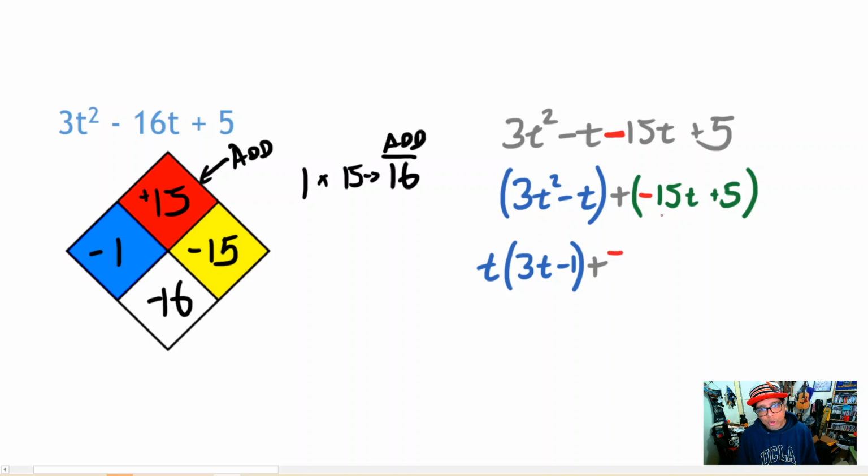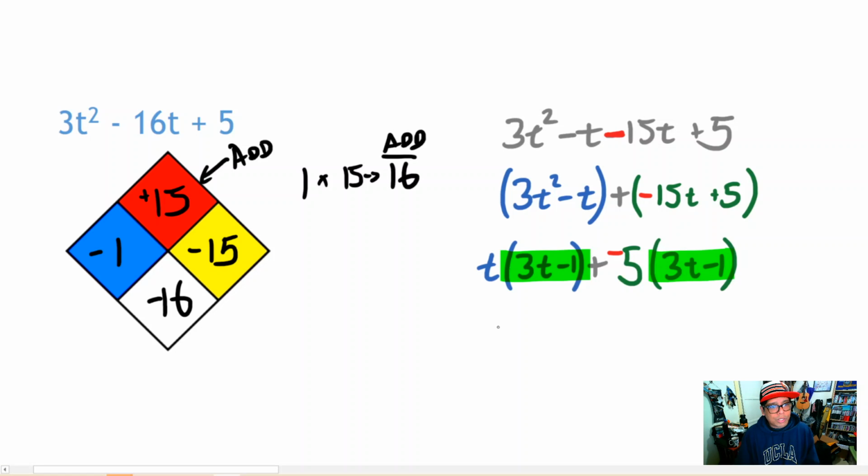Whenever this first term in the green group starts with a negative, you've got to factor out that negative. And it looks like both of these numbers are divisible by 5. So we're going to put a 5 out here, and that's going to give me a 3t minus 1. Now that I have my factoring groups done, we've got a 3t minus 1.